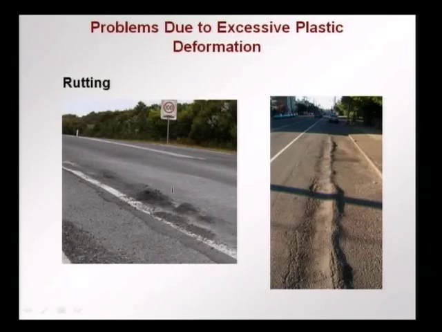It can be local or it can be over a long distance like we see here, and this, as we saw, becomes worse at higher temperatures and when the viscosity is lower. The best way to avoid this is to have something that is more stable, dense packing, very low bitumen content filling up all the voids.